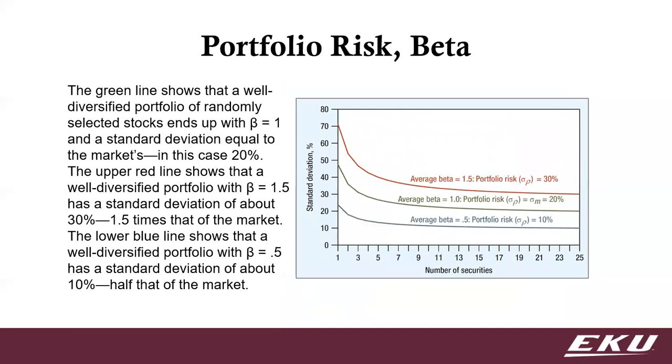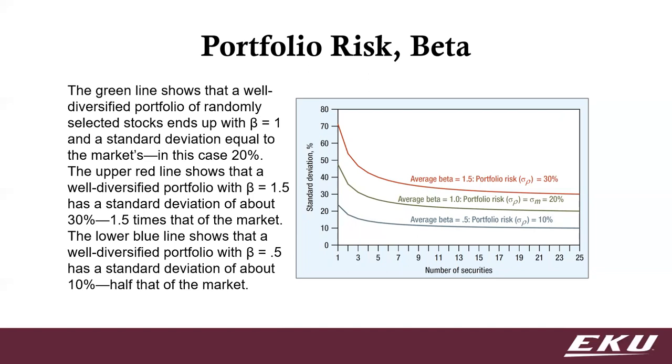And then you remember how we looked before at how adding securities to your portfolio would reduce your risk, because it gets rid of those individual risks, but that market risk is still there, right? Well, if you look at beta, since that's relative to the market, if a beta is only 0.5, then the amount of market risk that I can't get rid of is only half as much.